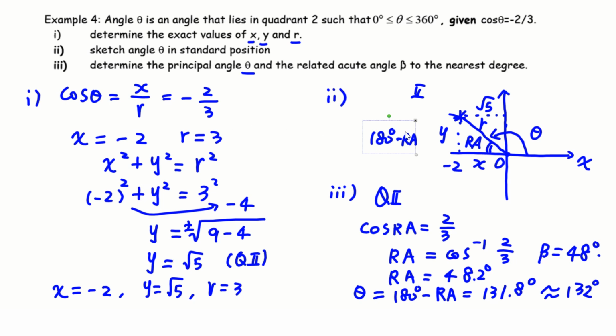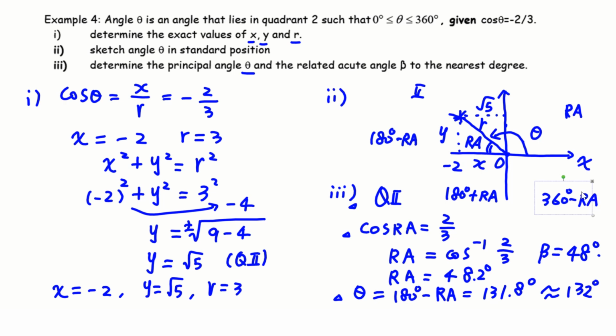So in order to solve a trig equation, we do the quadrant first, then solve for RA, then based on the quadrant, second quadrant 180 minus RA, first quadrant will be the same, equals RA. The third quadrant is 180 plus RA for the principal angle, and the fourth quadrant is 360 take away RA.